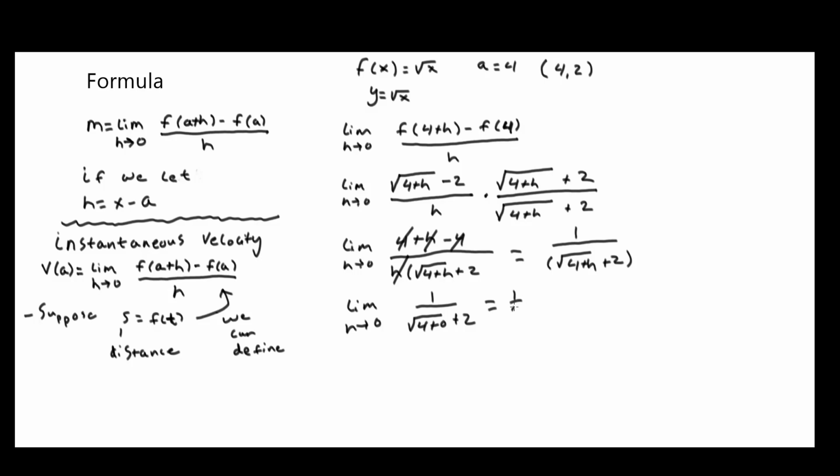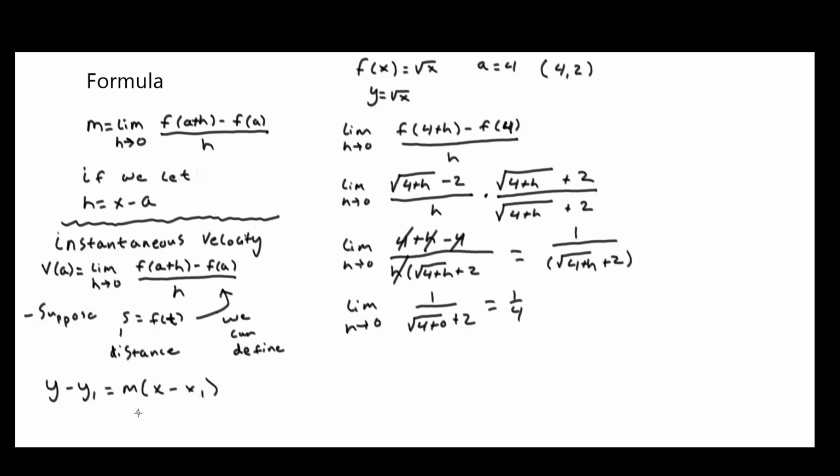That gives us a 1 over 4. So this is our slope value, and we can use our point slope formula again. If you forgot that, we'll just write it over here. So we have y minus y1 is equal to our slope times x minus x1.